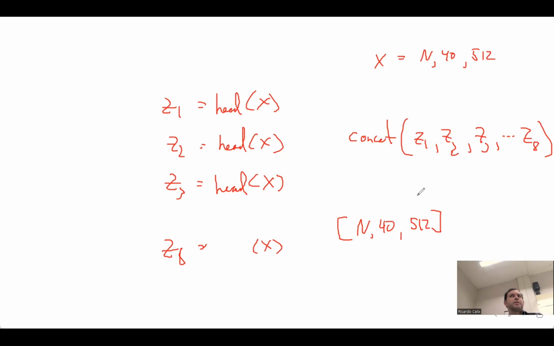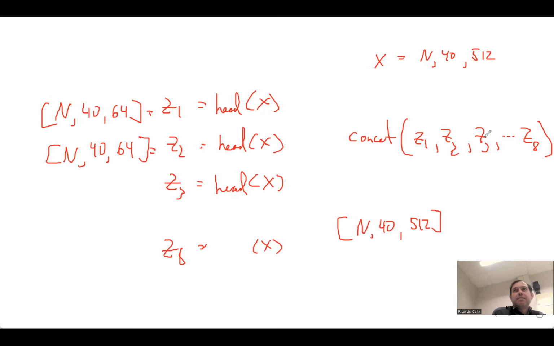Isn't it 64? So each one of these C's is actually n by 40 by 64. Then you produce 8 of those, then concatenate them to produce n by 40 by 512.